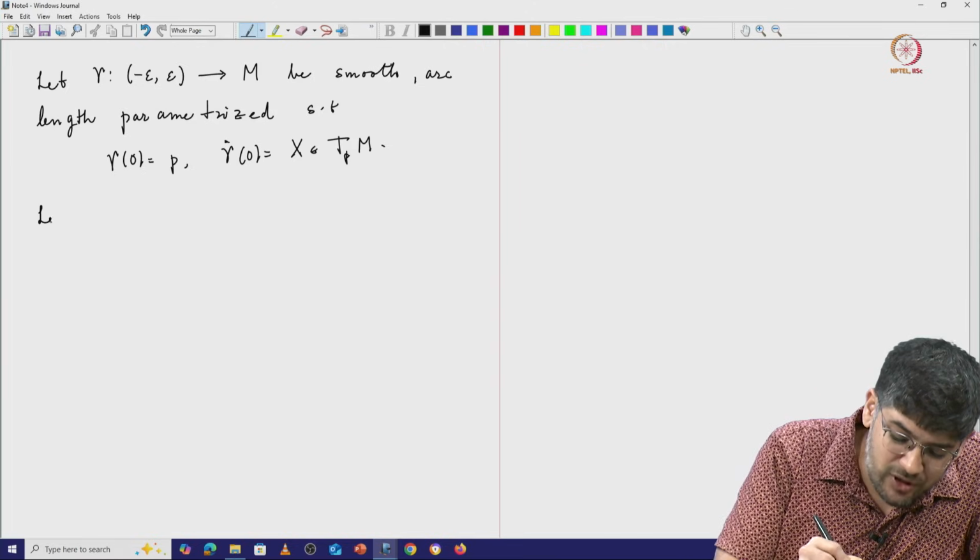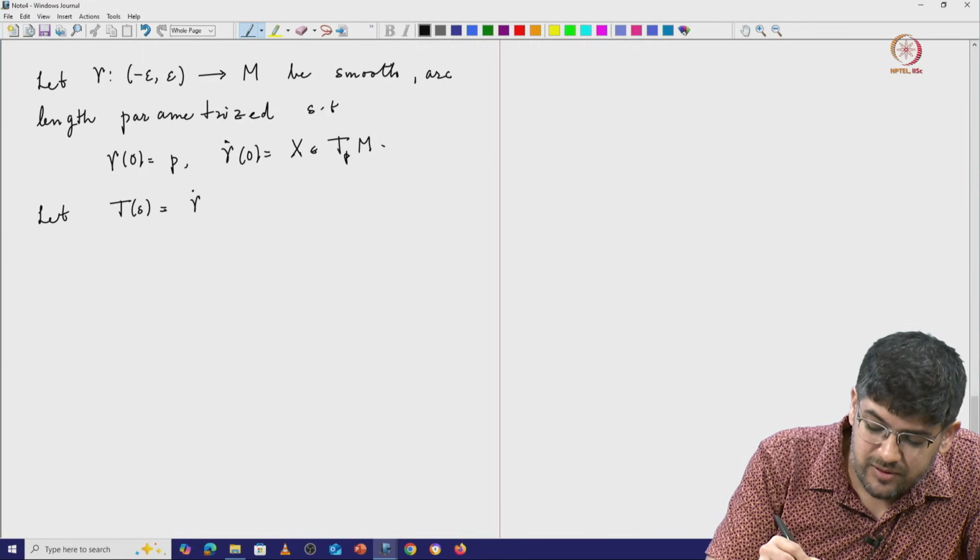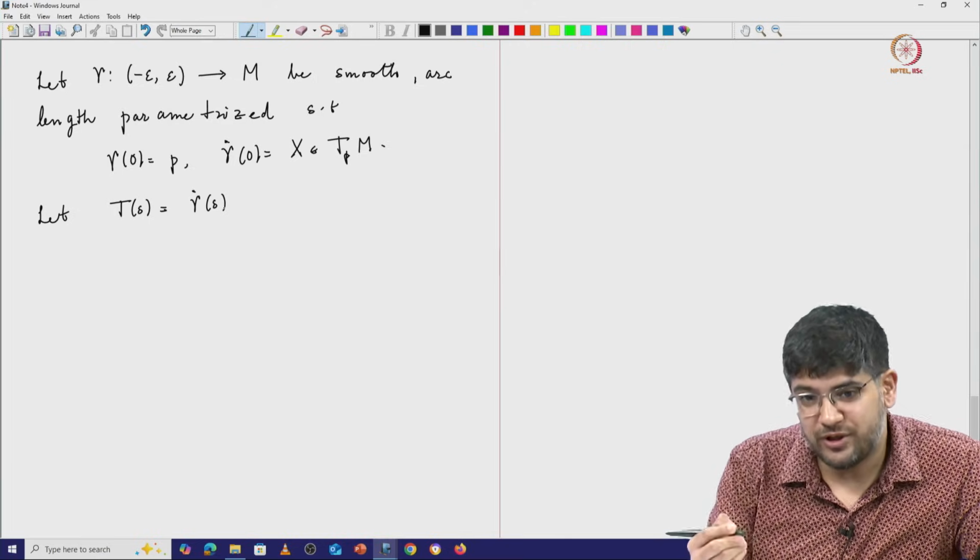So then as before, let T of s be the velocity vector. So this is going to be a unit vector.